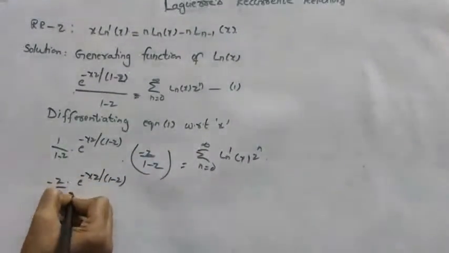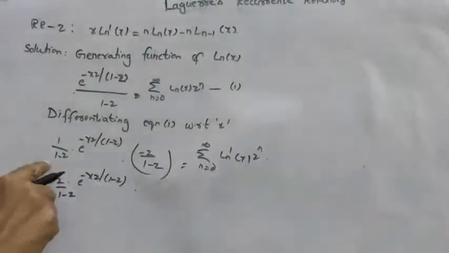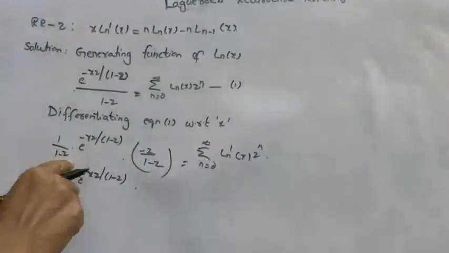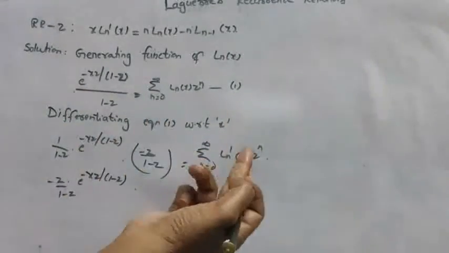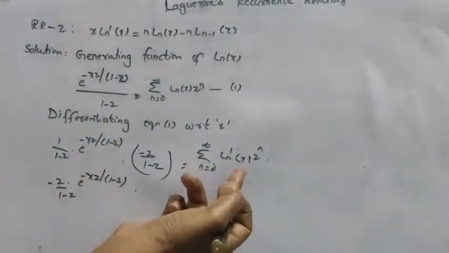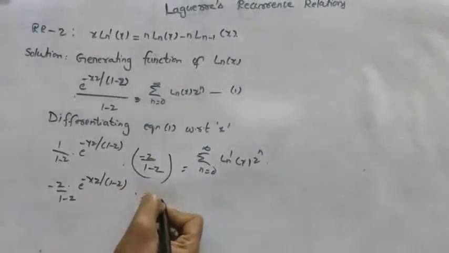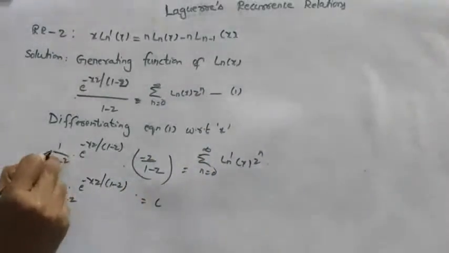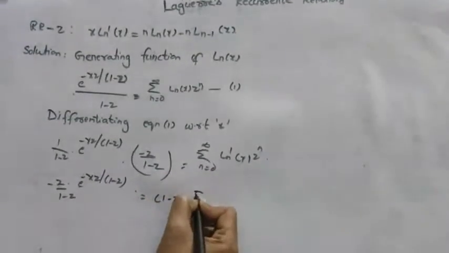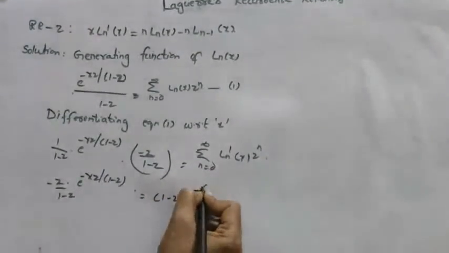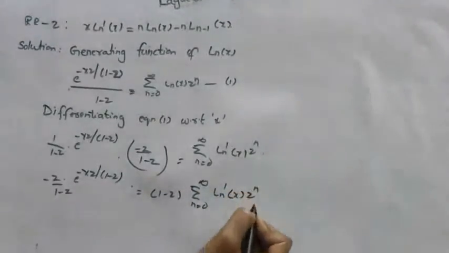The 1 minus z in the denominator goes to the RHS, where division becomes multiplication. So it is equal to 1 minus z, summation n is equal to 0 to infinity Ln dash of x into z power n.